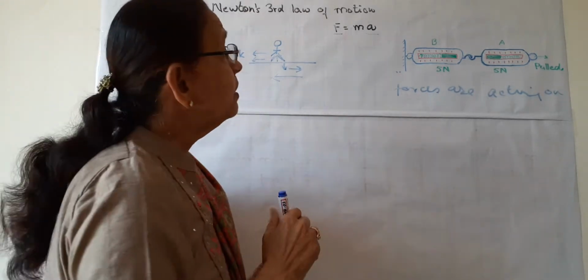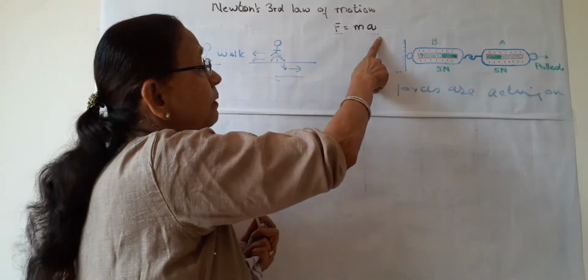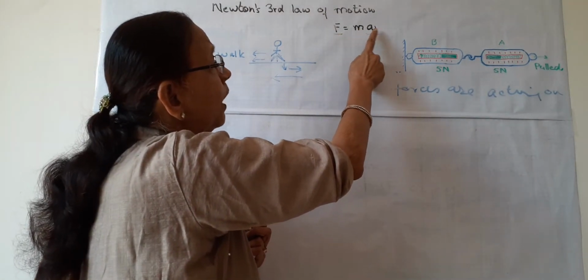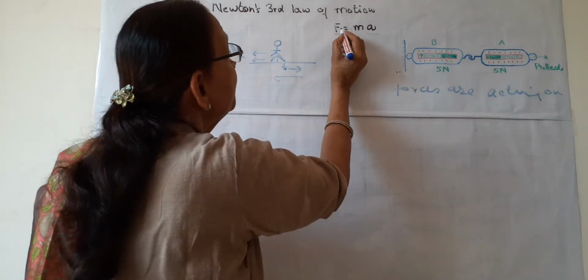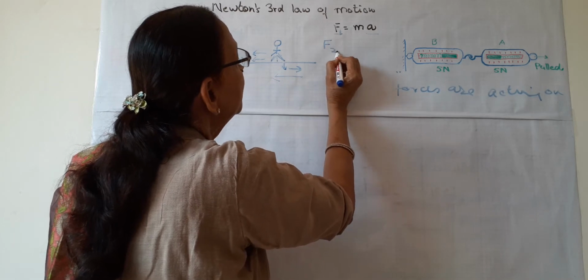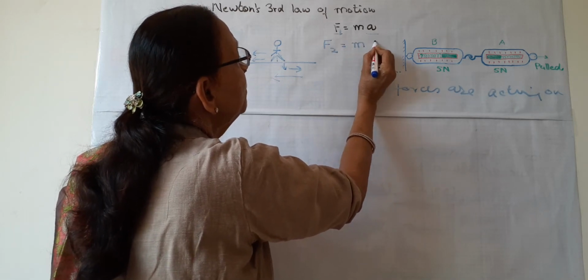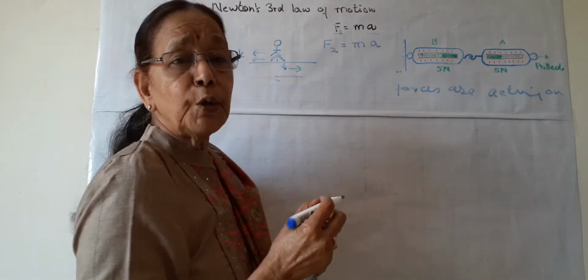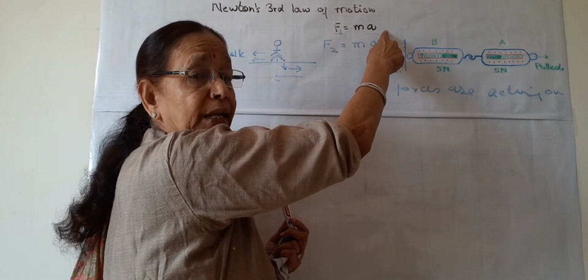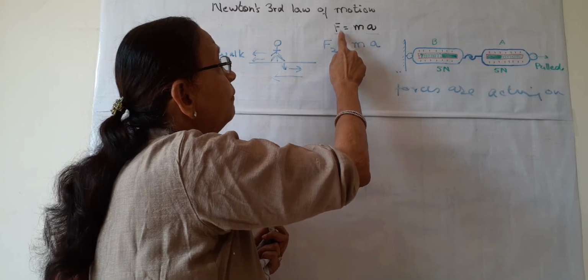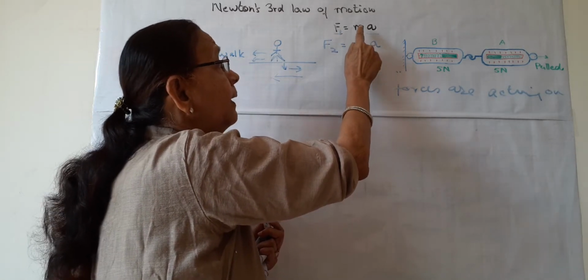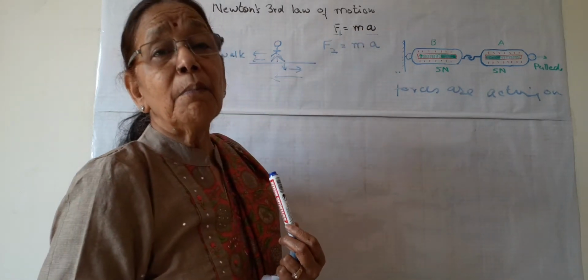Why is acceleration not equal? Because by Newton's second law we have seen F is equal to ma. Suppose the force by the boy is F1 and the force by the road is F2. F1 causes some acceleration to the earth, and it is multiplied by mass.